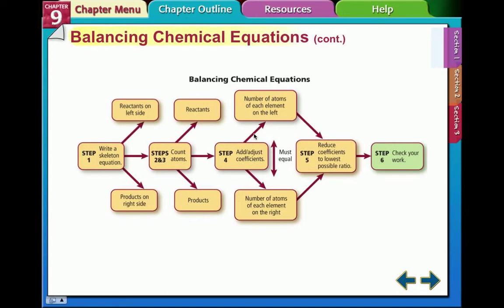So step 5, reduce the coefficients to the lowest possible ratio. So if you have a 2, a 5, and a 10, you could reduce your coefficients down to 1, 2, and 5. Make sure that they are in the lowest common denominator, if you want to put it that way. And then go back and check your work.